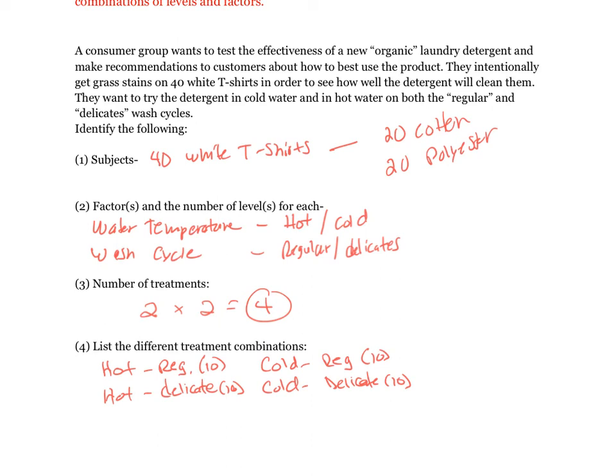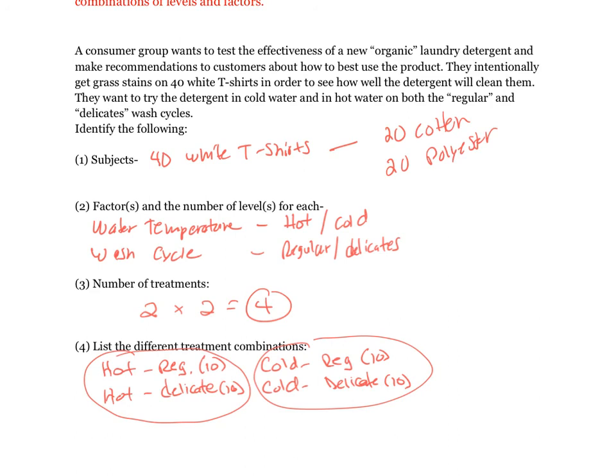Maybe after you did the experiment, you found out that the cotton t-shirts were the ones in the hot water, and the polyester ones were the ones I put in the cold. It looks like the hot water ones got cleaner, but was it because of the hot water, or was it because those were where I put the cotton t-shirts?